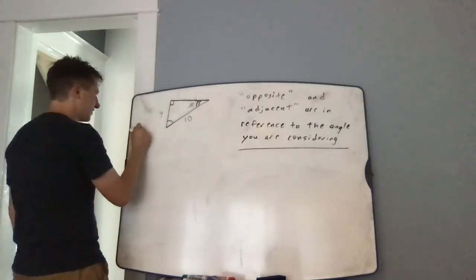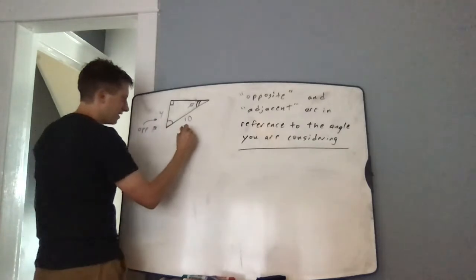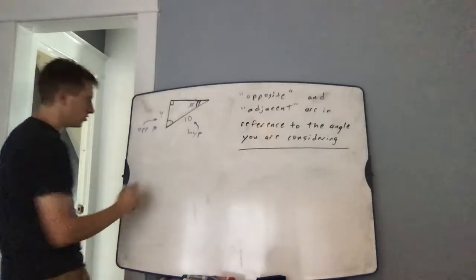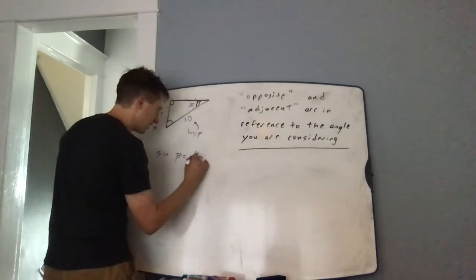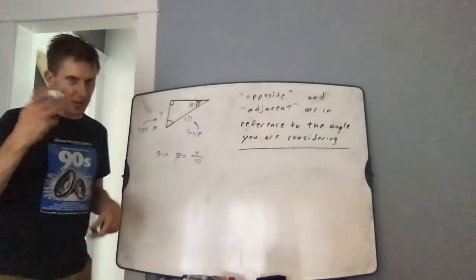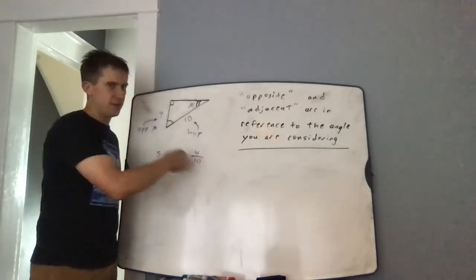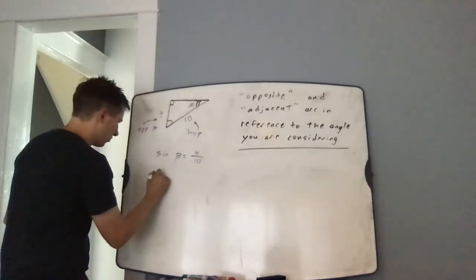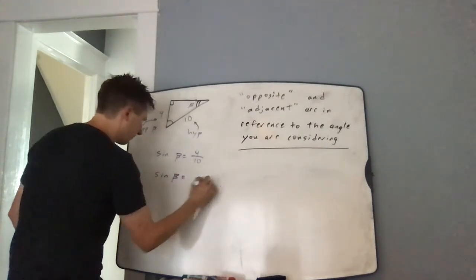I notice this side length of 4 is opposite beta. 10 is the hypotenuse. So because I have opposite and hypotenuse, I could say sine of beta is equal to 4 over 10. Now 4 over 10, that's 0.4. I could do that quickly. But if you get weird numbers like 37 and 54, just plug in a calculator, you'll get some decimal out. So I could write sine of beta is equal to 0.4.